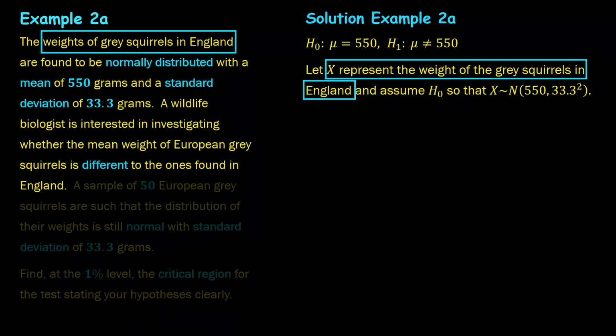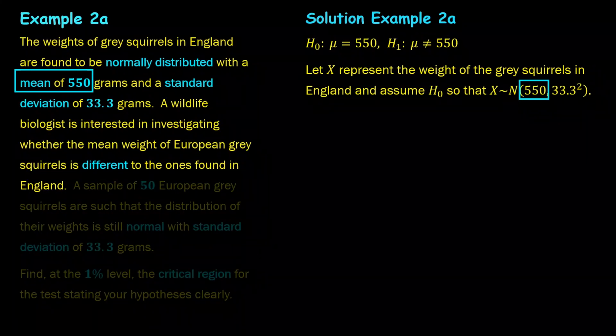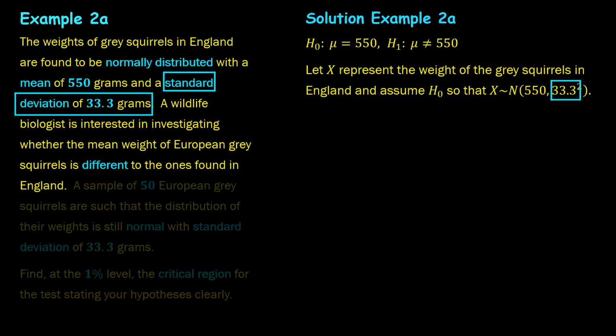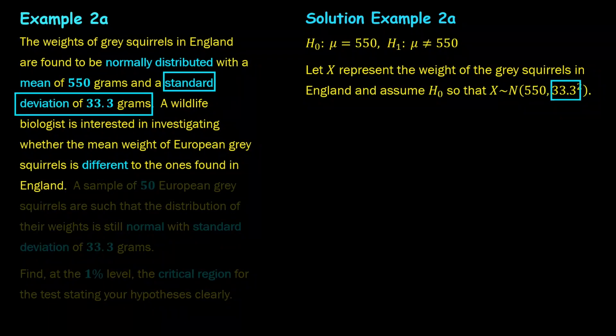We're going to let X represent the weight of the grey squirrels in England, and we're going to assume H0. So X is distributed normally with mean 550 and standard deviation 33.3.